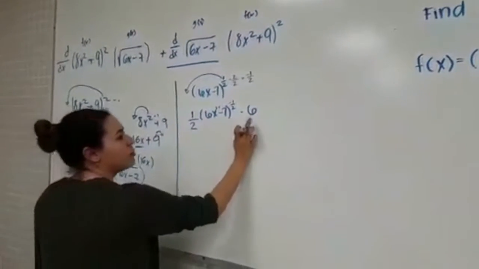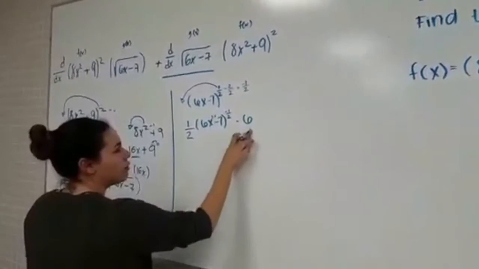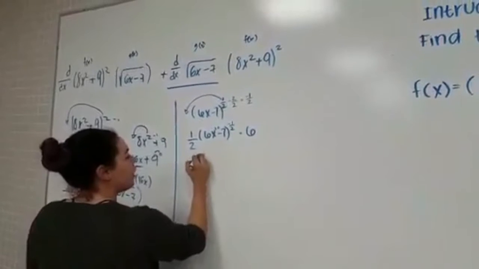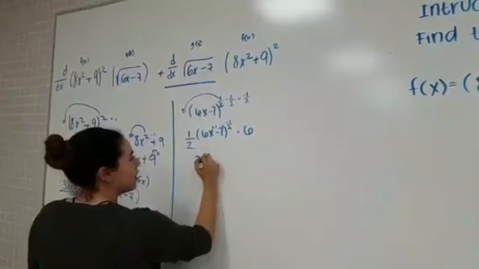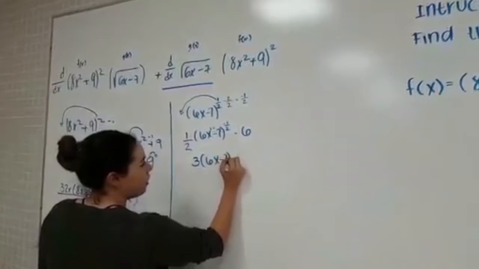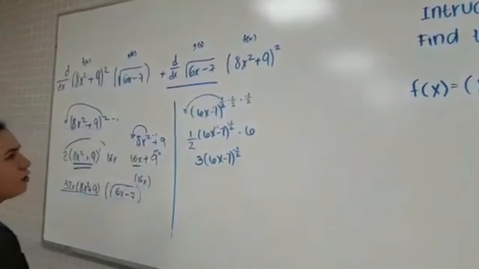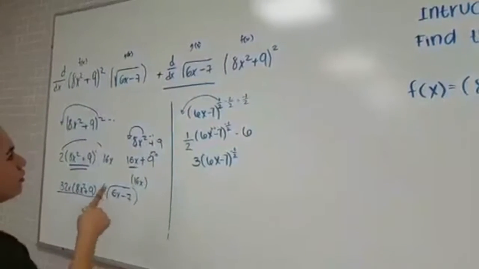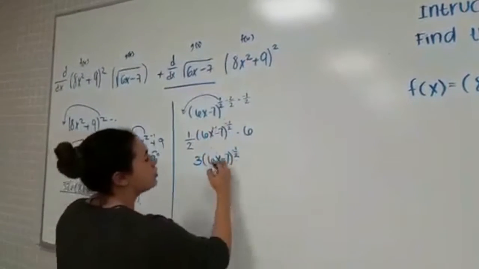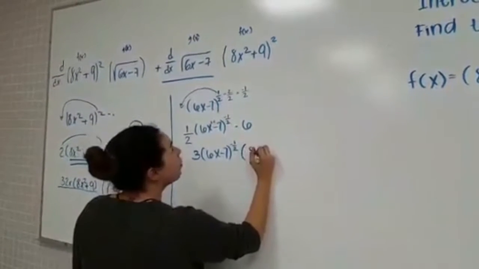Then you'll multiply the 6 and the 1/2 that is outside the parentheses, and you'll have 3 times the value in the parentheses and the exponent, and that will be all for the derivative of g of x. But then you have to multiply all of this by the original of f of x.